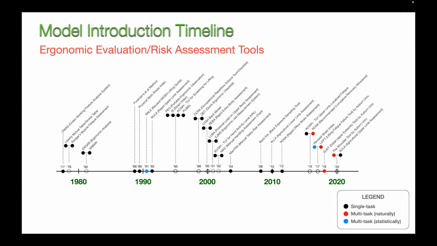The red are what I would call naturally multitask, and the blue are what I would call statistically multitask, where you use some type of statistical weighting to evaluate different tasks independently and then cumulatively look at the resultant metric. The naturally multitask ones are the RCRA and the various fatigue failure type tools out of Auburn University: LIFT, DUET, and the shoulder tool.